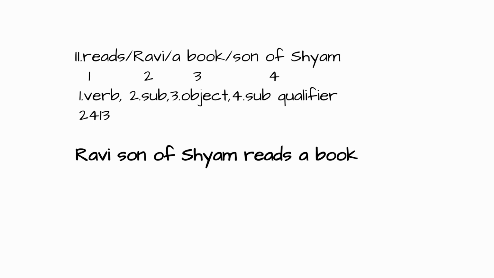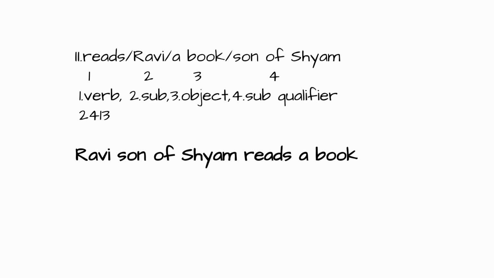This is the rule. What is the rule? If there is a subject qualifier in the given jumbled words, then it should come immediately after the subject. So is there any subject qualifier in the given jumbled words? Yes. What is that? Part 4, son of Shyam.